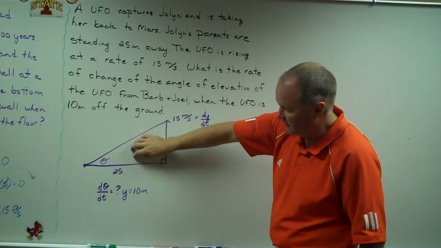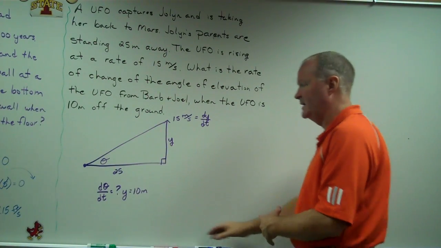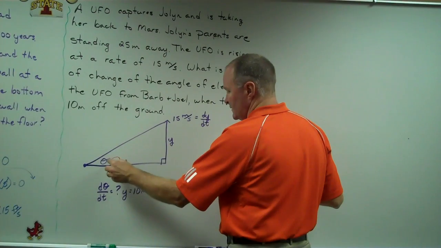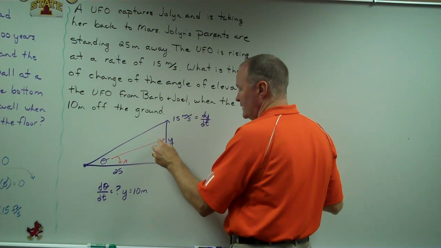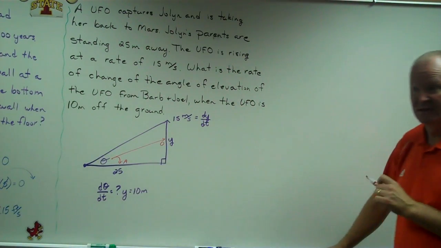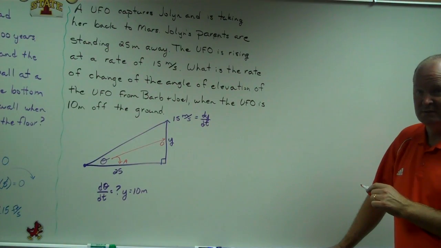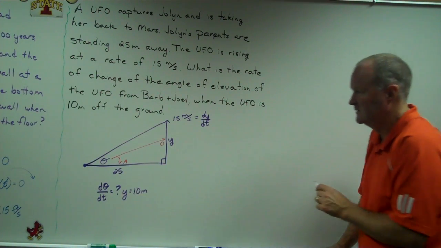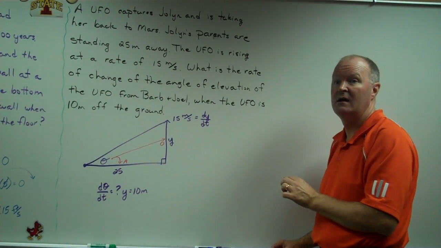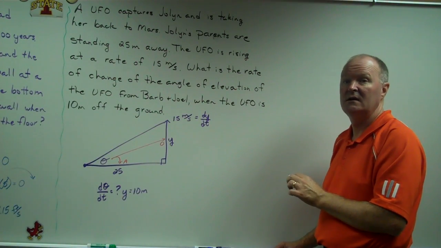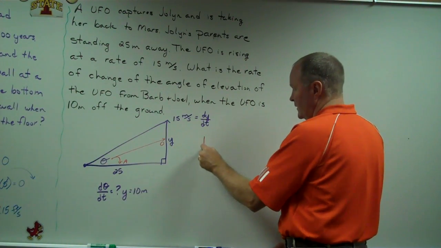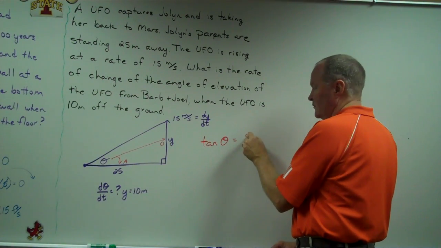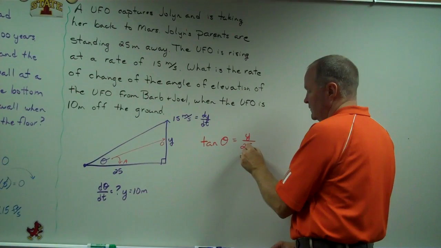So if I look at this, and I have my theta, that's my adjacent, and that's my opposite. SOH CAH TOA. So the tangent of theta is y over 25.